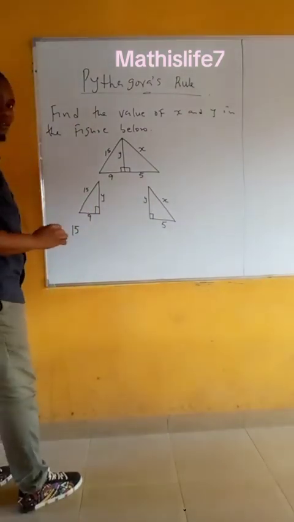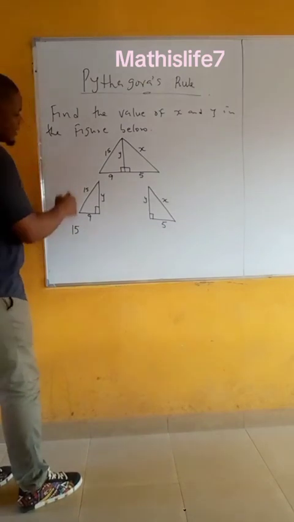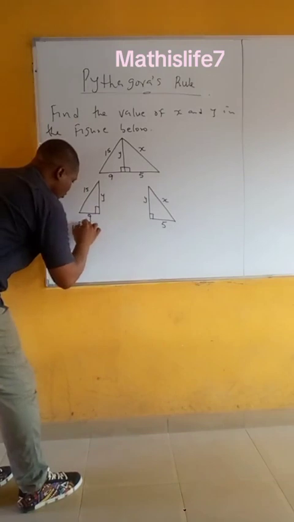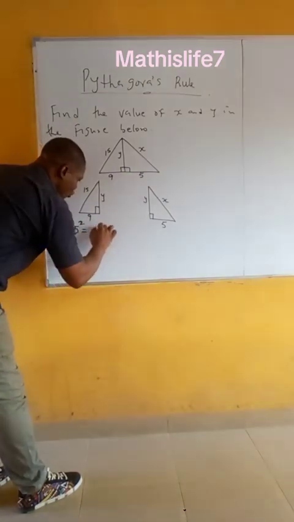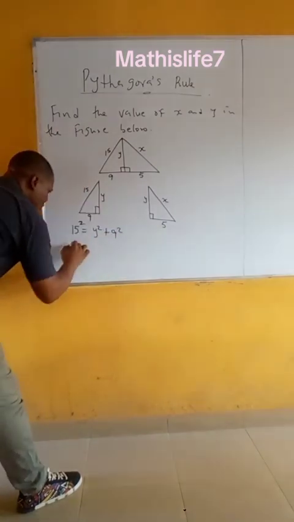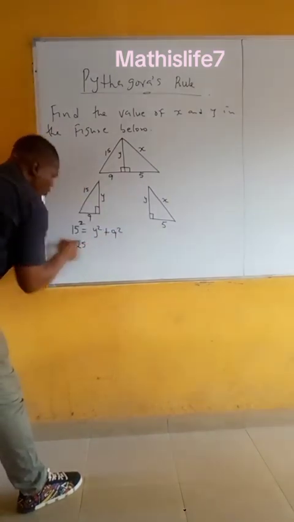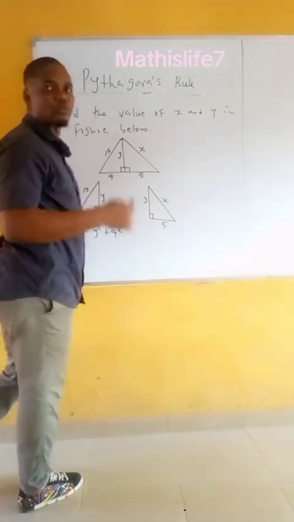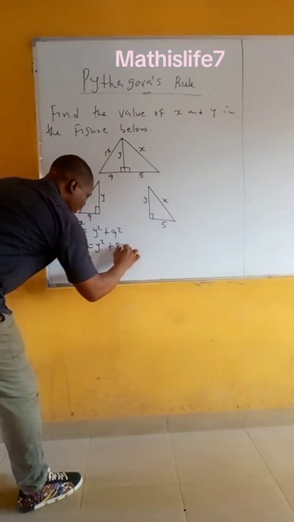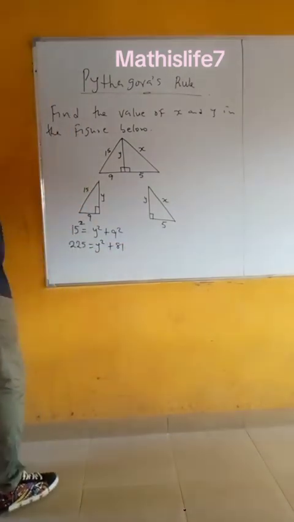Remember what I said about the rule. The rule says that the square on the hypotenuse is equal to the sum of the square, that is y square plus 9 square. So if I have this, it is 225. 15 square means 15 times 15, which is equals to y squared plus 81. This is normal maths.